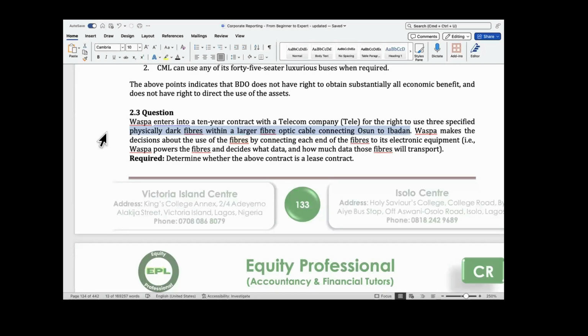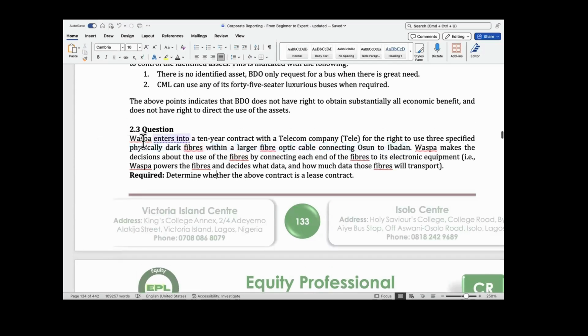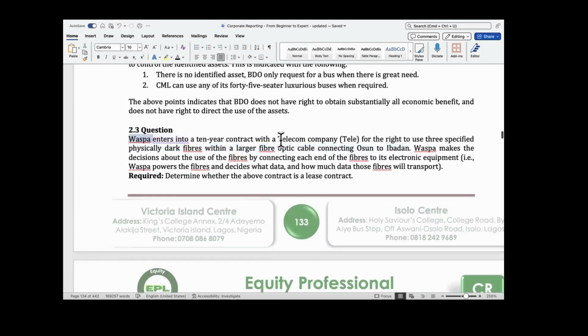So this is a lease already, because WASPA is the lessee, the telecom company is the lessor. And you can see there is an identified asset, which is the dark fiber, right? And it is WASPA that is making decisions around how he wants to use that fiber and all of that.